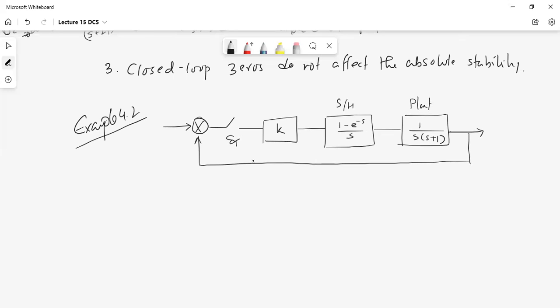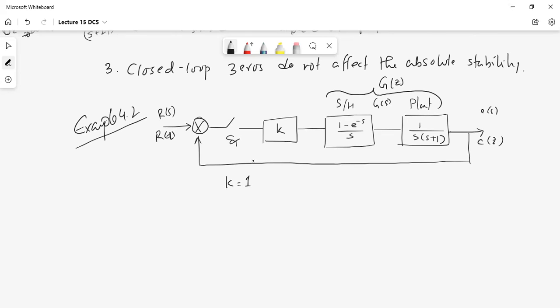You can represent it in the Laplace or in the Z domain. As we already said, in most cases we combine these two and call that G(z). Eventually they are multiplied together, as G(s), and then you have to convert it to the Z domain. It is given that k equals 1.